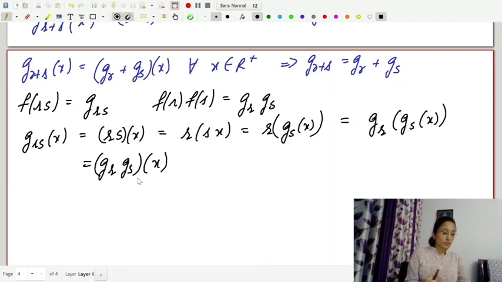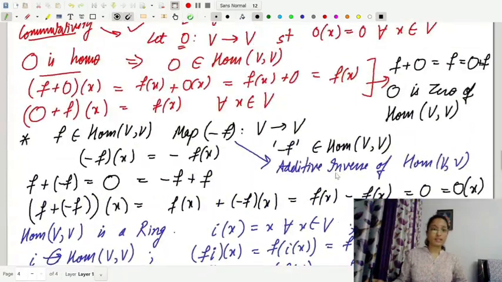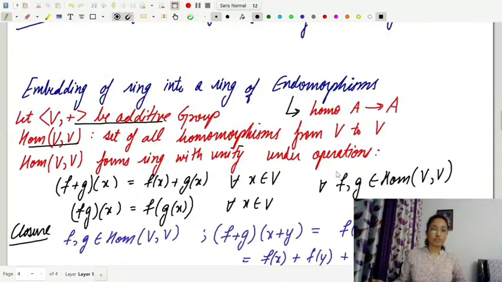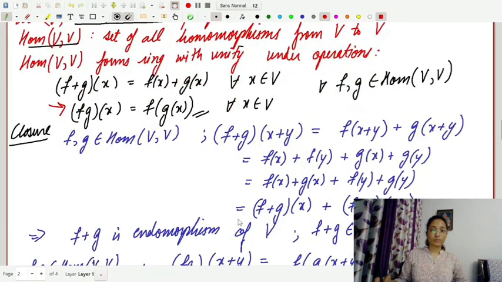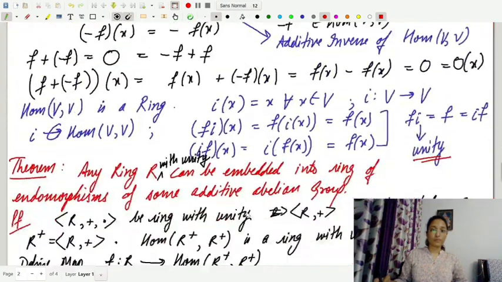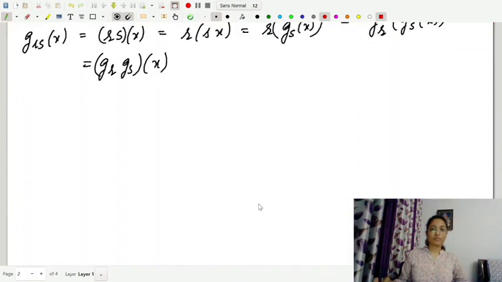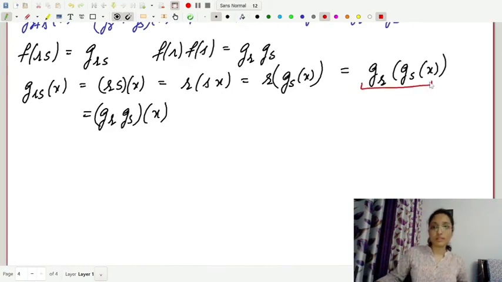because we have defined its multiplication as composition of maps. Here you can see that, hence this is equal to (g_r g_s)(x), because homomorphisms of R+ to R+ form a ring under composition operation and component-wise addition.